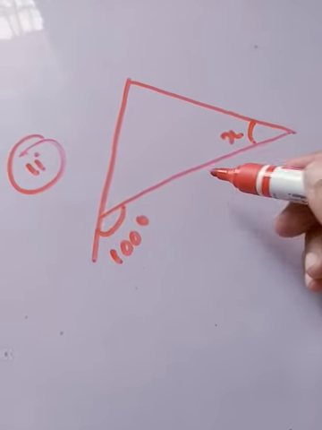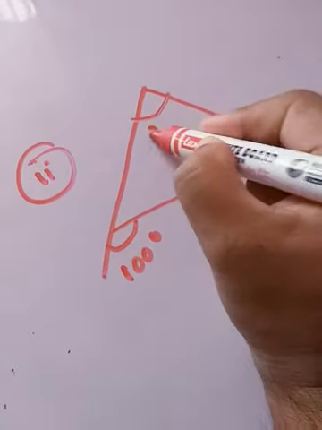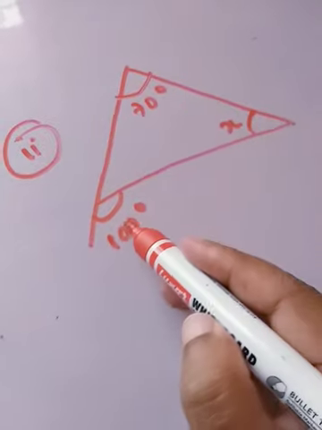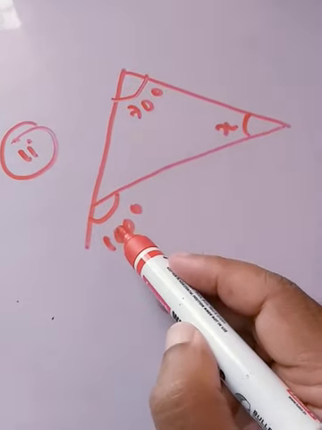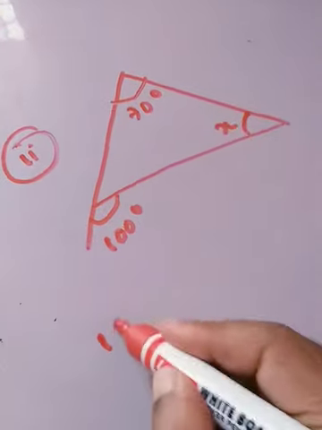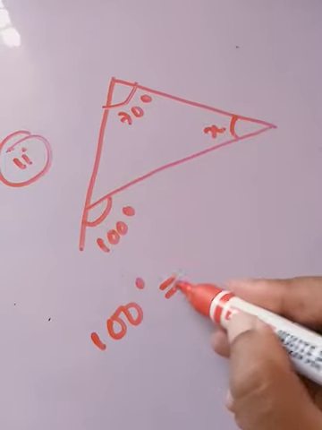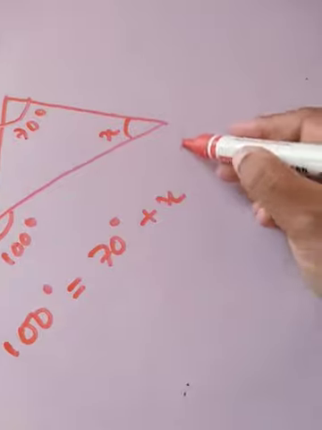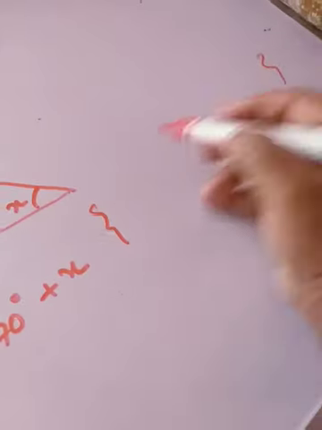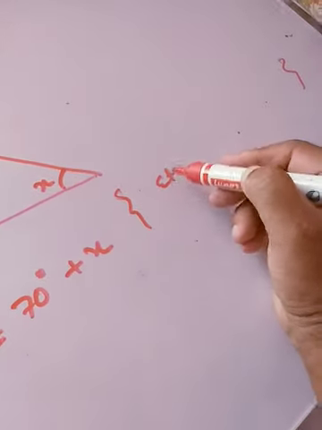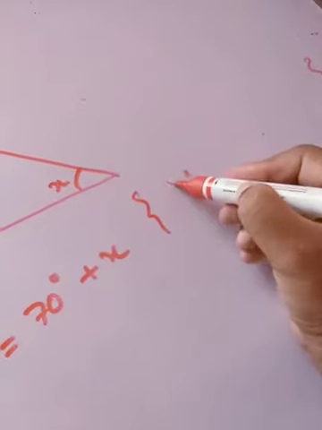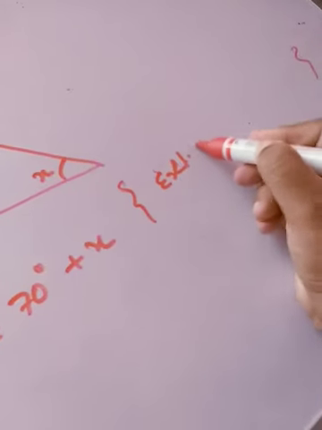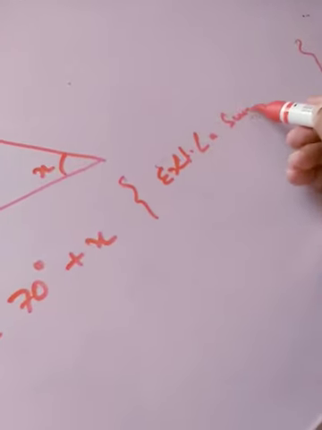So one of the interior angles is given as x now, and another interior angle is given as 70 degrees. Now this is the exterior angle, so this angle is equal to the sum of these two angles, so we'll write it down. 100 degrees is equal to 70 plus x. Again you will write the same reason: exterior angle equals the sum of opposite interior angles. You will write it down.